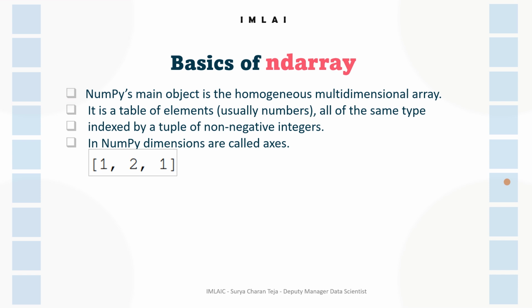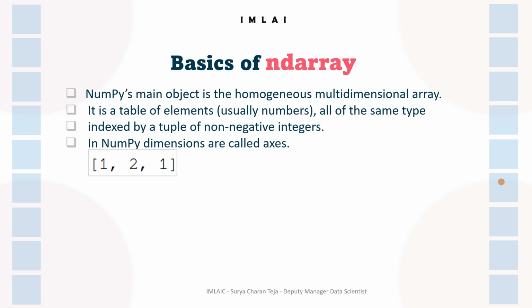This is a point in 3D space. Obviously, 1 comma 2 comma 1 is a 3D space point. If you have 1 comma 2, it's a point in 2D space, whereas this is a point in 3D space which consists of all 3 dimensions.